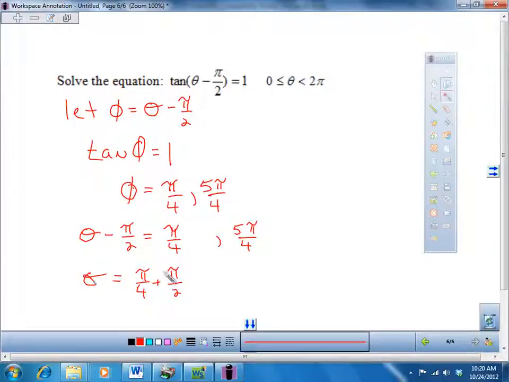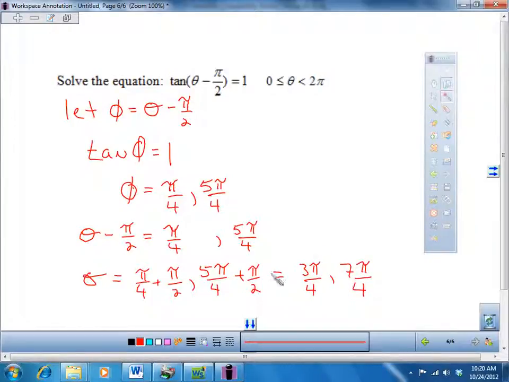So theta is pi over 4 plus pi over 2, or 5 pi over 4 plus pi over 2. This is pi over 4 and this is 2 pi over 4, so that's 3 pi over 4. And this is 5 pi over 4 plus 2 pi over 4, which is 7 pi over 4.